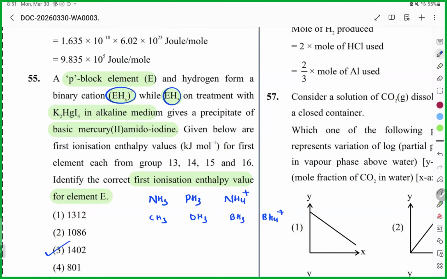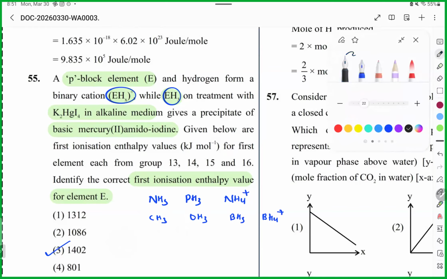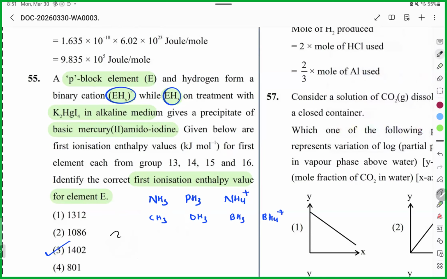The answer is highest ionization enthalpy. How? Because I told you that along the period, ionization enthalpy increases. Lithium, beryllium, boron, carbon, nitrogen, oxygen, fluorine. Logically it should increase like this, but there are two exceptions.